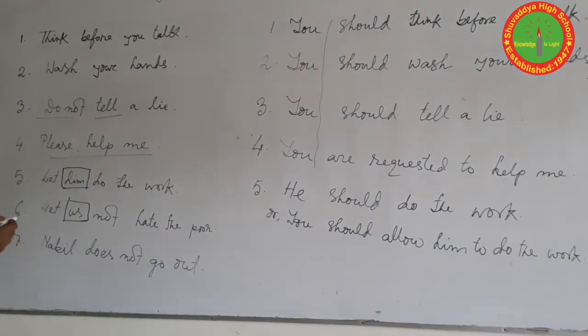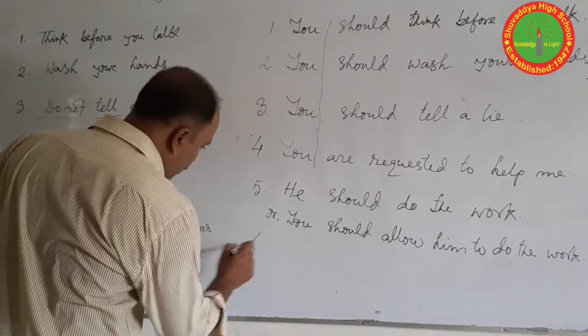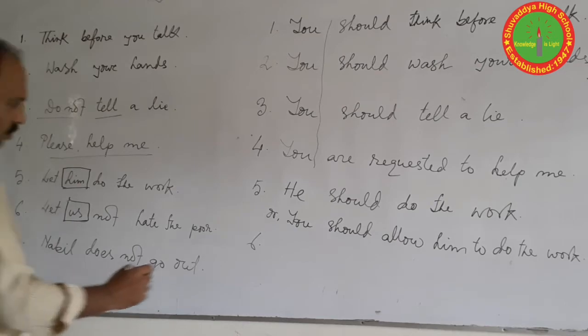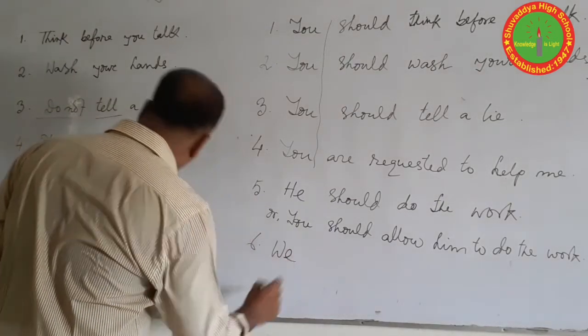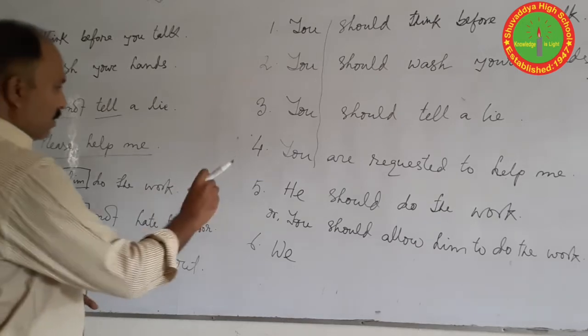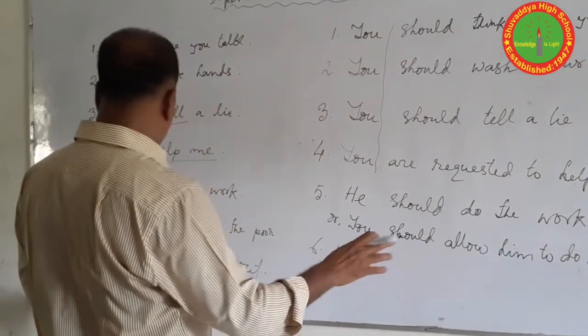Now, move on to question number 6, and it is the same question, I think. Let us not hate the poor. So, here, the objective form after let, so we should write we. If the imperative sentence starts with let and then the objective form, then the objective form turns into the subjective form in assertive.